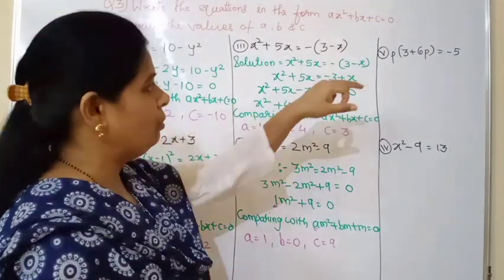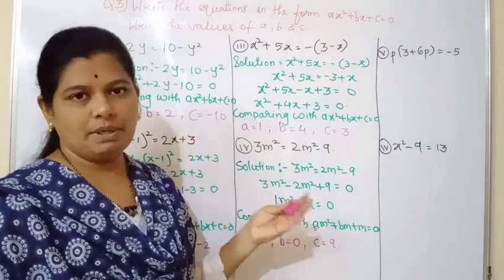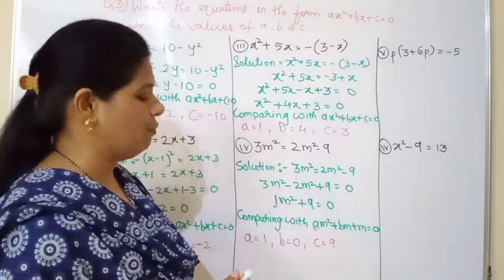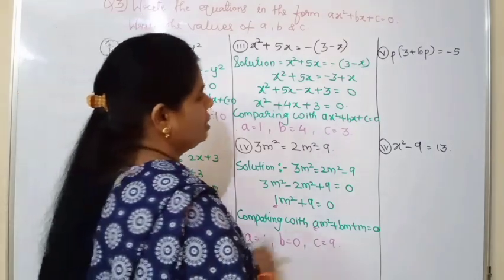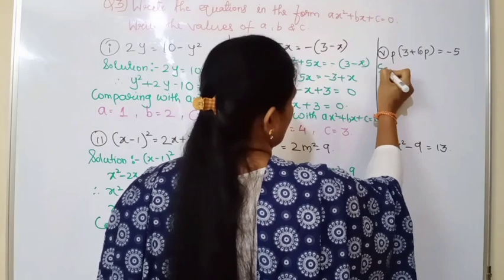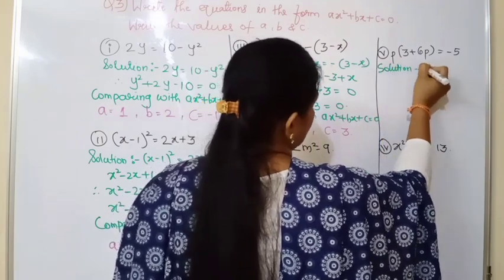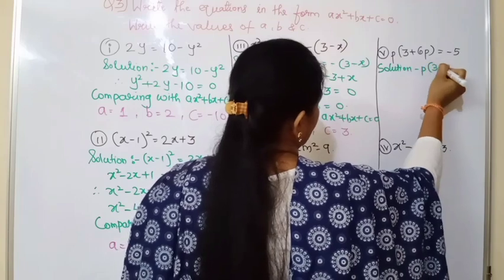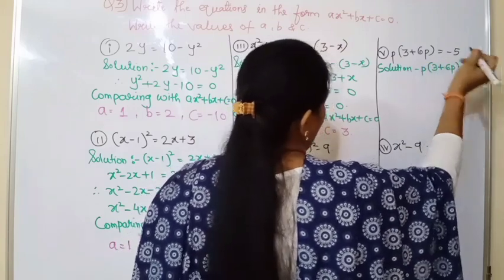Now we will move towards the second last example, the fifth one. What is the equation given? We'll just write that in the solution first of all. Solution: p bracket 3 plus 6p equal to 5.